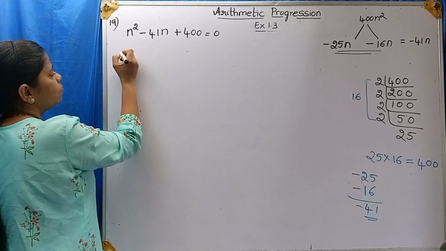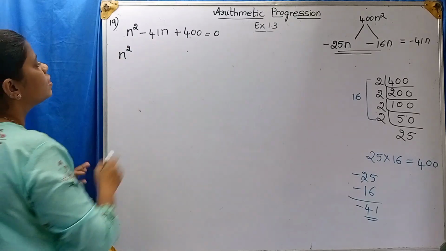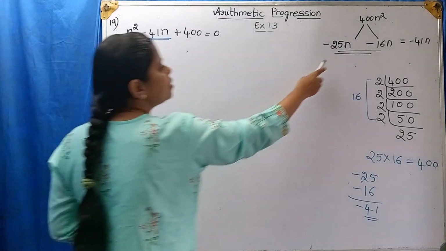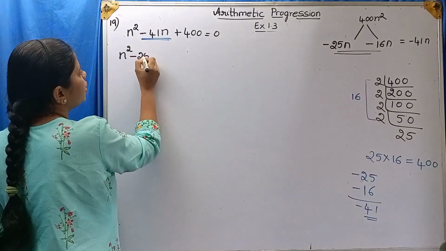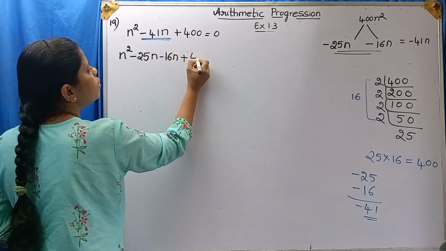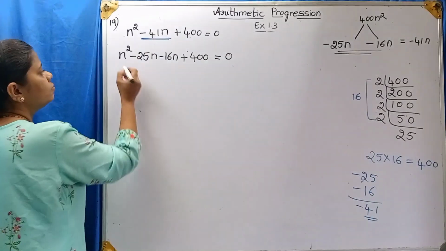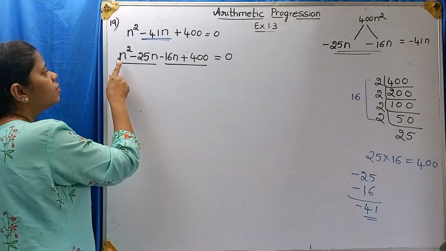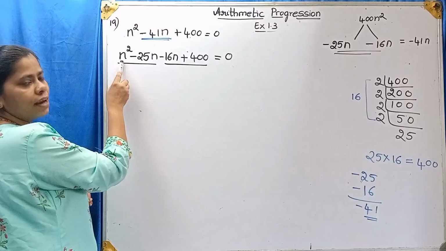Then next, what we have to do? n square. Look at this carefully. This minus 41n, I can write it as minus 25n minus 16n, right? n square minus 25n minus 16n plus 400 is equal to 0. Okay? Now let us make this as one group and this as one group. n square minus 25n. Which is common? n is common, right?